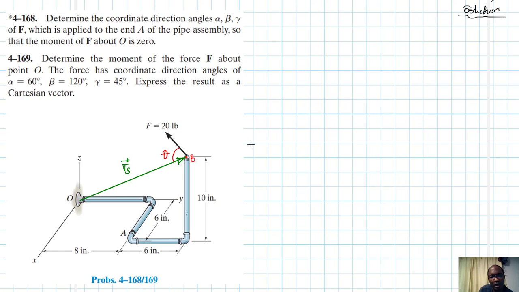You know this formula, right? If you have two vectors like so, let's say this is our point O. Then we have the moment; this is R, this is the force. So moment is equal to F times R sine theta.